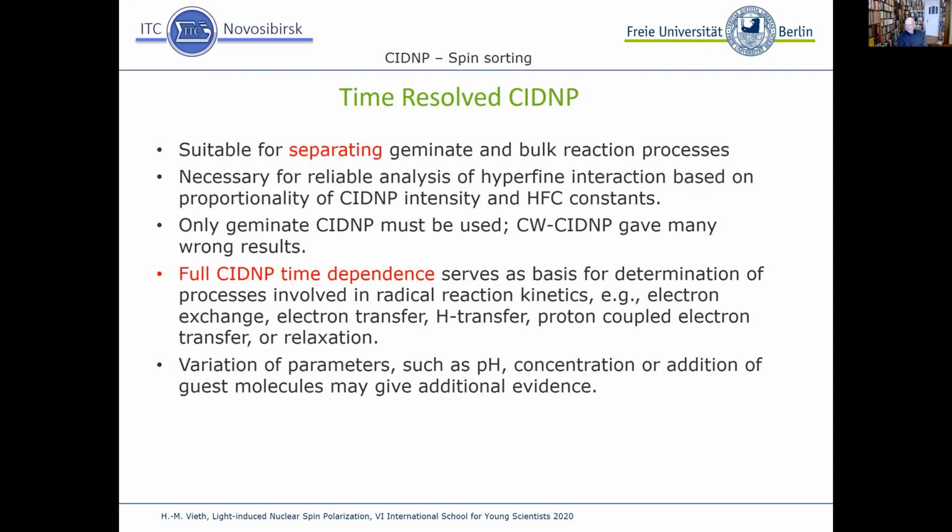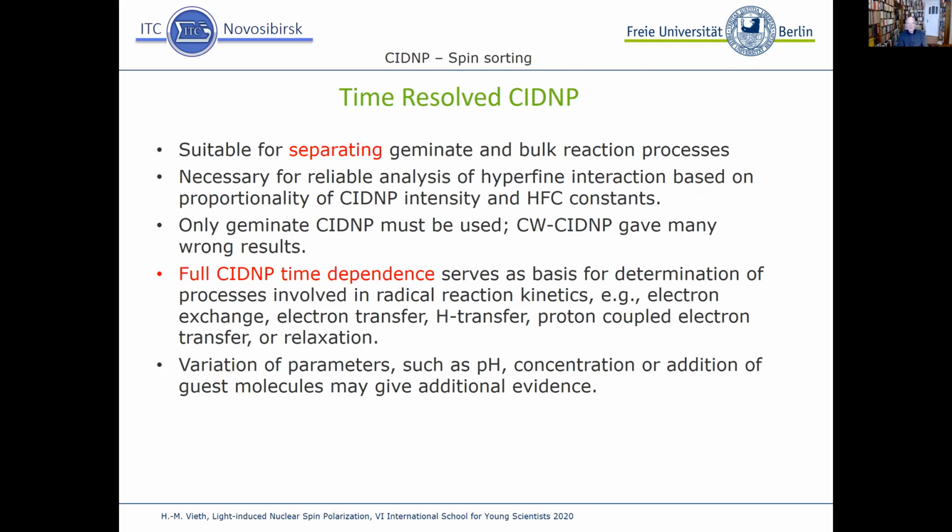Otherwise, because of these secondary processes in the bulk, this correlation is fully lost. And there are many cases in the literature where this was not observed, and thus the analysis was totally wrong.